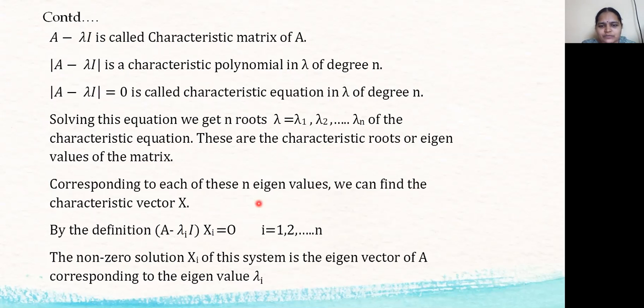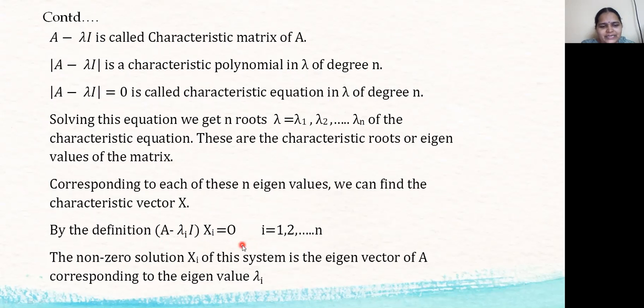Corresponding to each of these eigenvalues, we can find the characteristic vectors x. So, if we take lambda 1 as an eigenvalue, its corresponding eigenvector we can take as x1. How we find the eigenvector corresponding to an eigenvalue is, again by taking the definition A minus lambda I into x equal to 0.